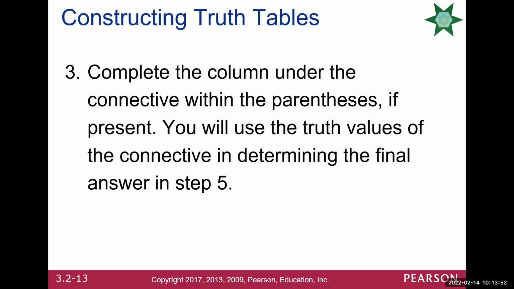For step 3, we complete the column under the connective within the parentheses. So if we have a conjunction, we would look at our statements, do the operation, and list our trues and our falses underneath that actual connective. We'll use the truth values to determine the final answer.